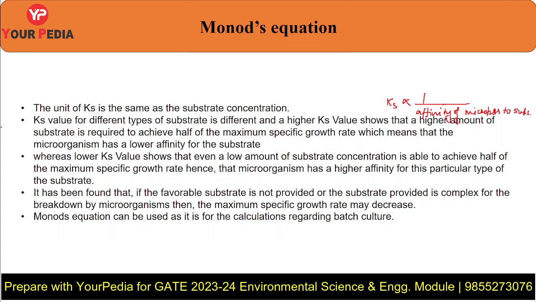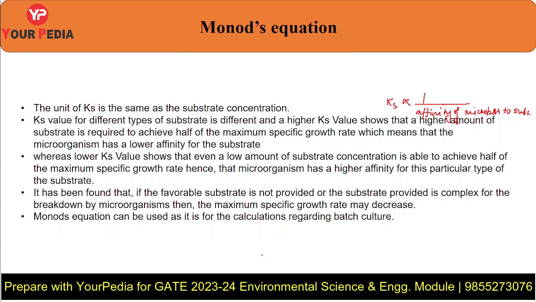that the Ks value for different types of substrate is different, and a higher Ks value shows that a higher amount of substrate is required to achieve half of the maximum specific growth rate, which means that the microorganism has a lower affinity for the substrate.